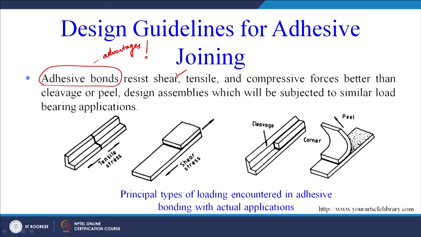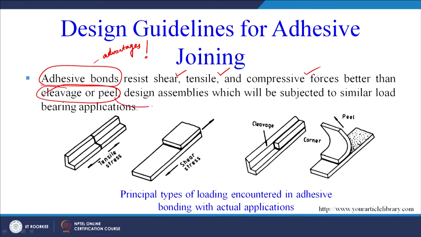We have already covered, but here since we are using adhesive bonding in our product, our design has to be modified accordingly to ensure that we are easily able to join the parts together using the adhesive bonding technique. We have to understand what type of loads, what type of stresses it can bear. So the adhesive bonds resist shear, tensile and compressive forces better than the cleavage or the peel.